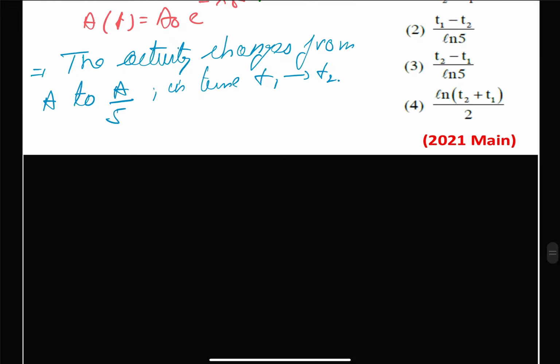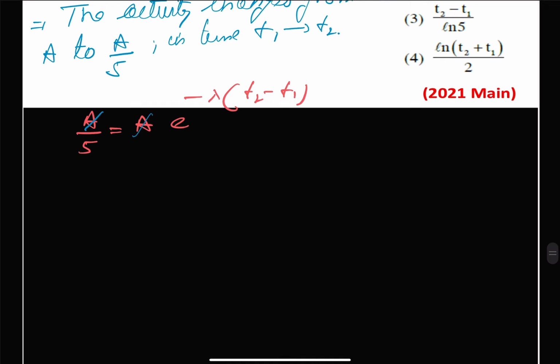Therefore, we can write now A upon 5 is equal to A e raised to power minus lambda, and this we are having T2 minus T1, and this A and A cancel out, so we get that e raised to power minus lambda T2 minus T1 is equal to 1 upon 5.